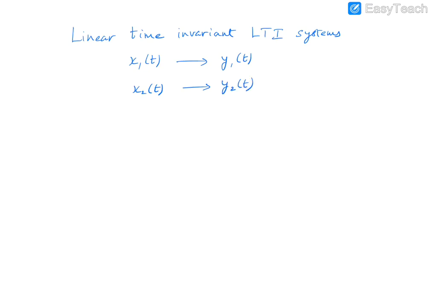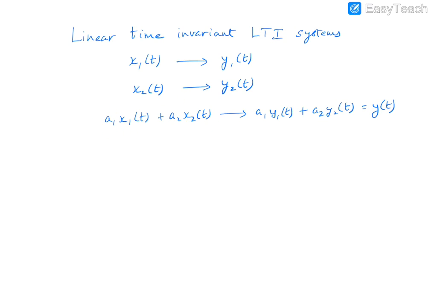Then for a1 x1 of t plus a2 x2 of t, the corresponding output would be a1 y1 of t plus a2 y2 of t. And this we will call the output y of t of the system for a linear combination of the inputs.